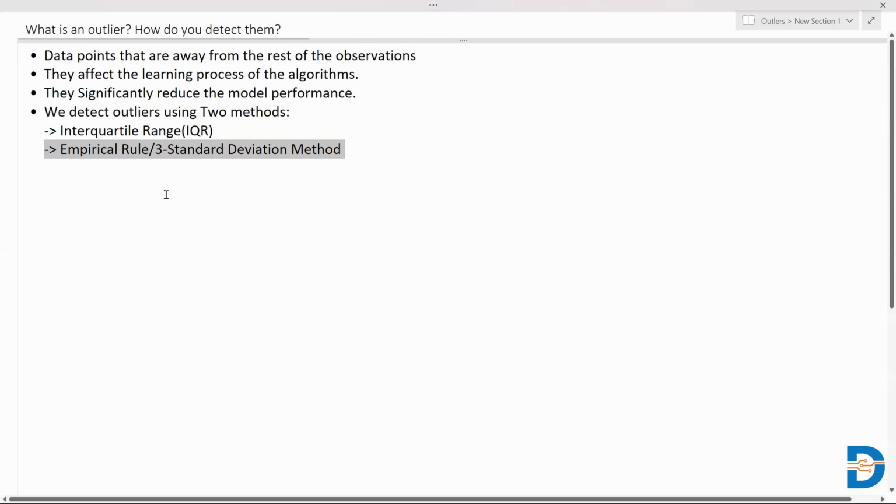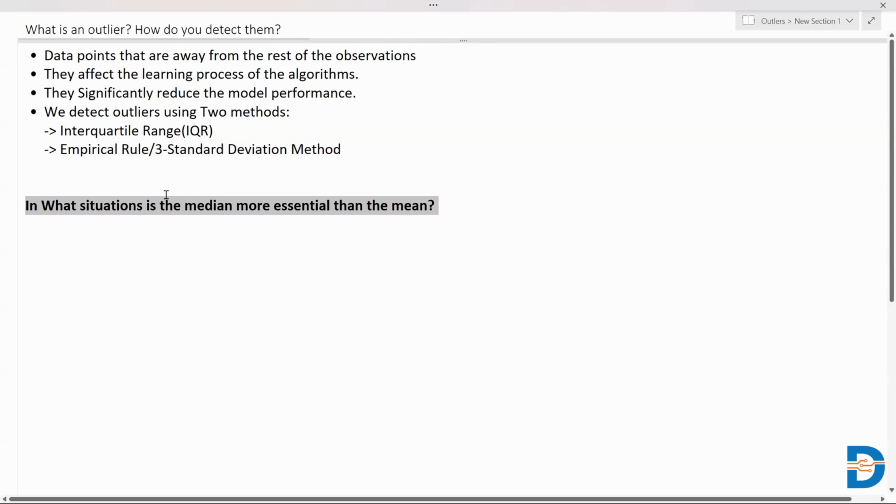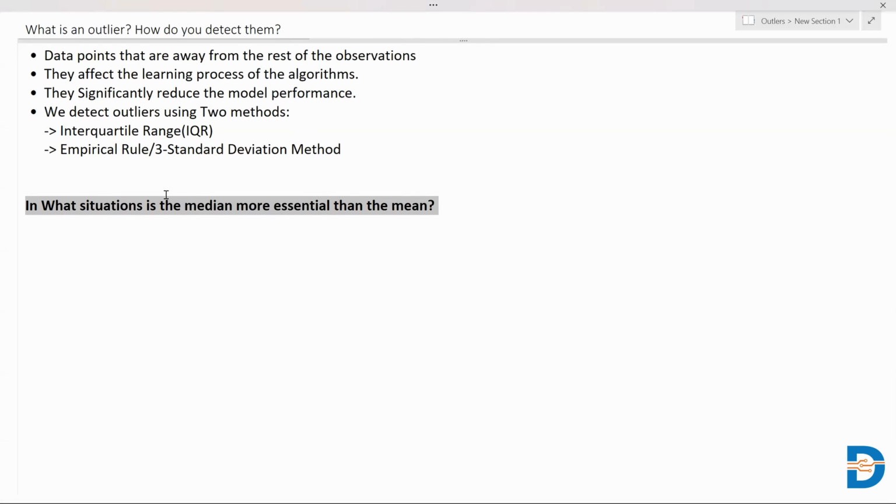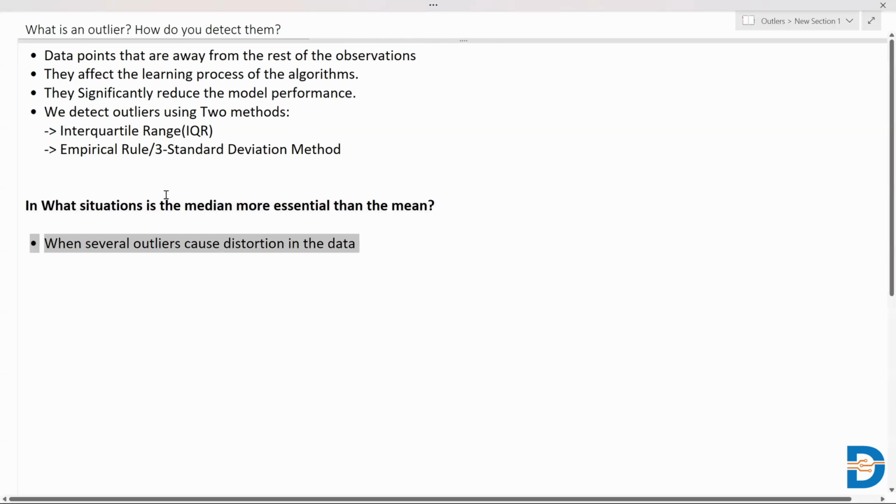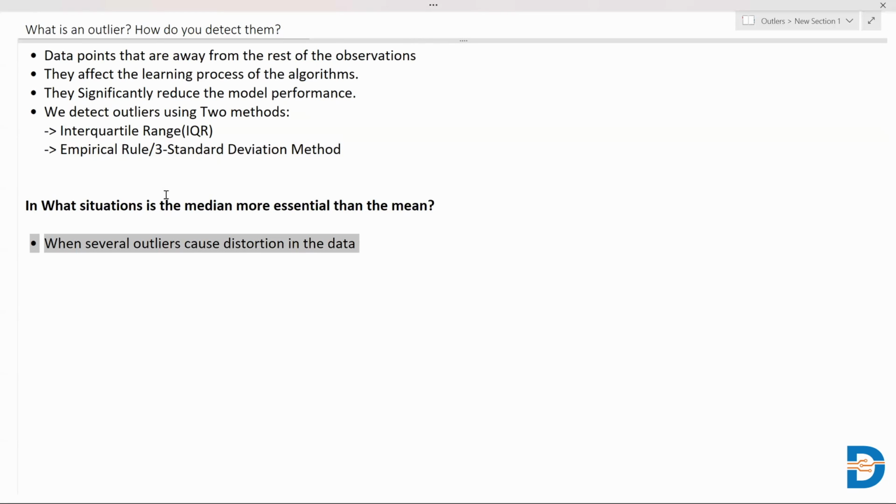Next question: in what situation is median more essential than the mean? In certain situations, we consider median more than mean, and one of the reasons is outliers. Outliers affect the way your data distribution looks, so because of those outliers, the data may not be normal. If the data is normal, we usually consider the mean as the best parametric method.